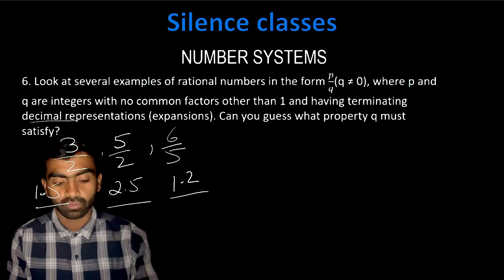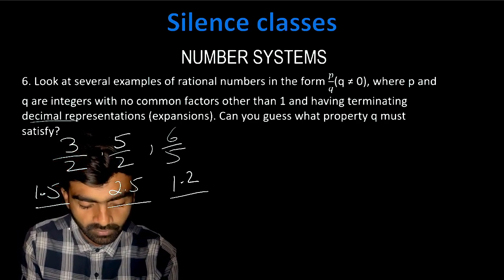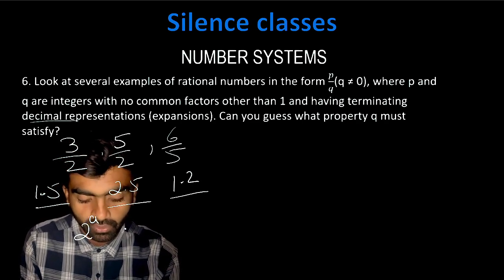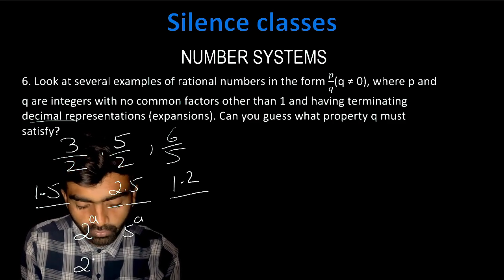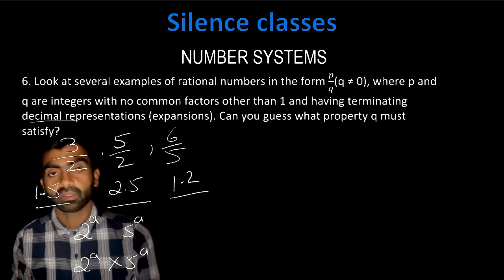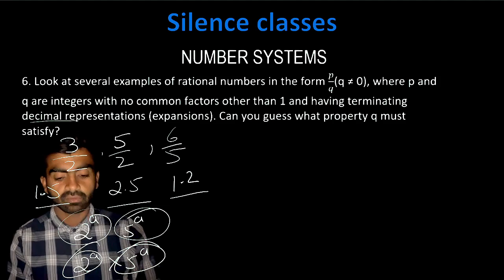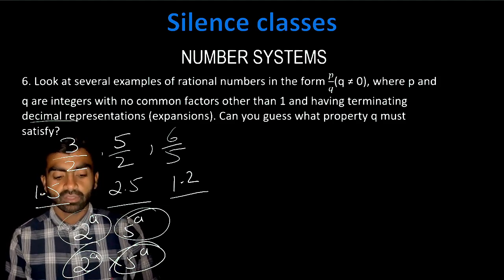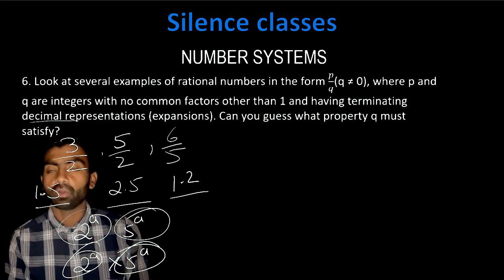If the number is in the form 2 to the power a, or 5 to the power a, or 2 to the power a multiplied by 5 to the power a, then these are terminating decimals. So q must be 2 or 5, or its factors must be 2 or 5.